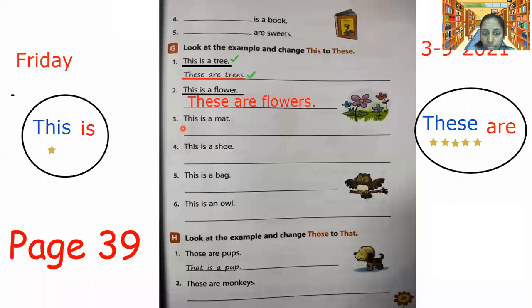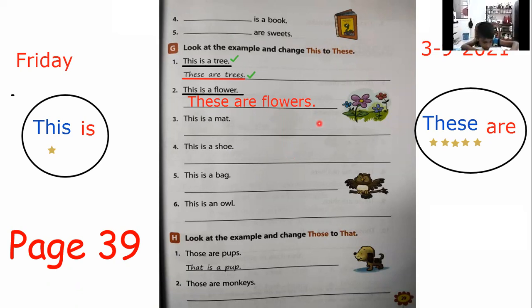Right, so number 3, the next one, I'm going to ask someone to give me the answer. But before that, I will give you a bit of time, children, to write down the answers here. So please write down on the line. Let's wait for our other friends as well. Make sure you put a full stop. I told you just now to put a full stop whenever you end a sentence.